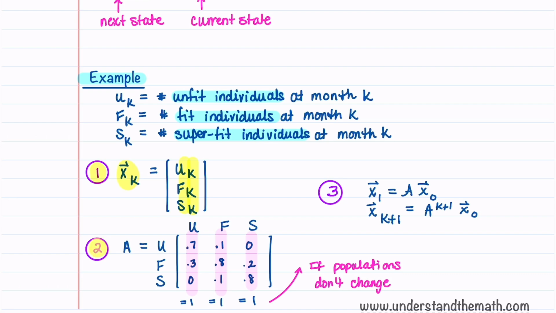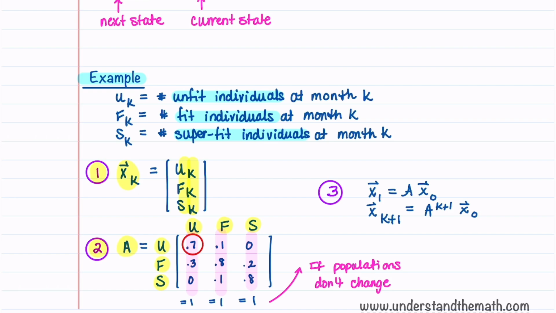The second step is you're going to create your transition matrix. I would suggest when you create your transition matrix, you take your states and put them on top of each column of your matrix and then beside each row of your matrix. You then need to go ahead and enter the data. Let me show you what happens with this one.